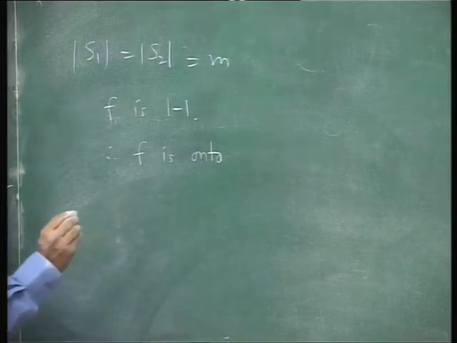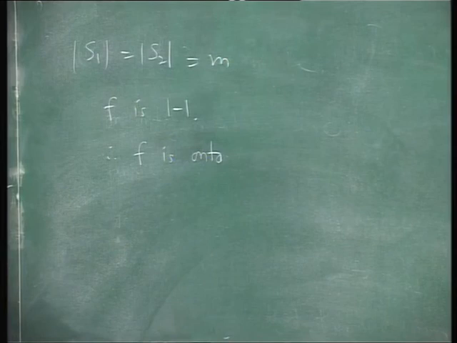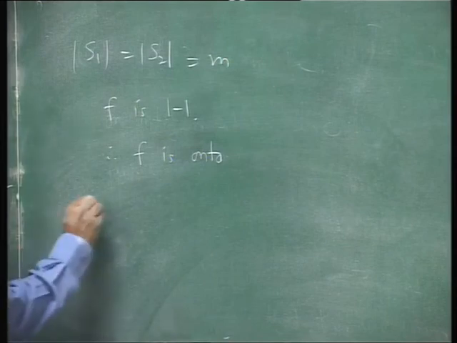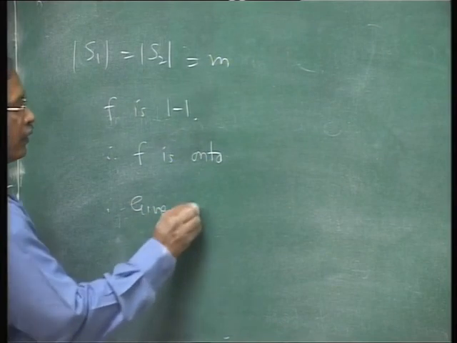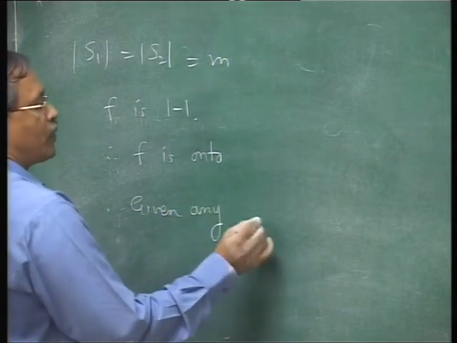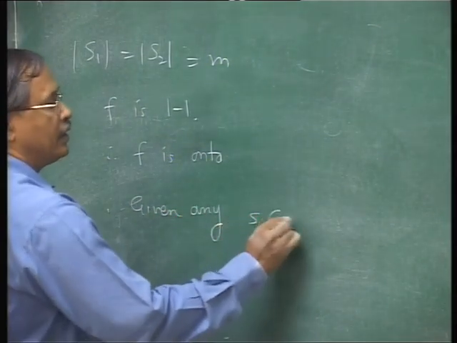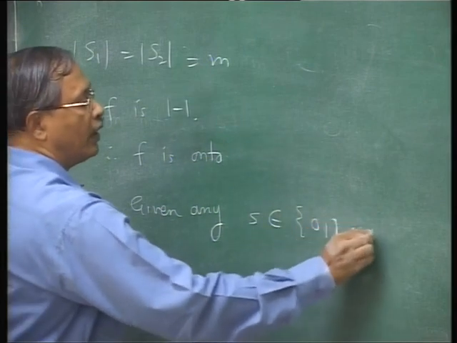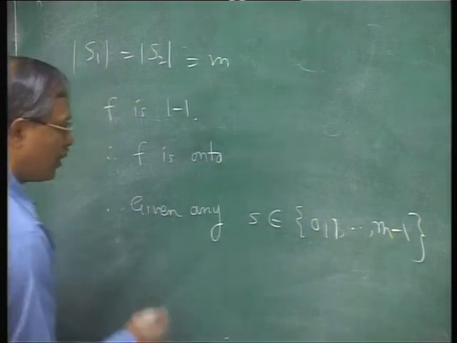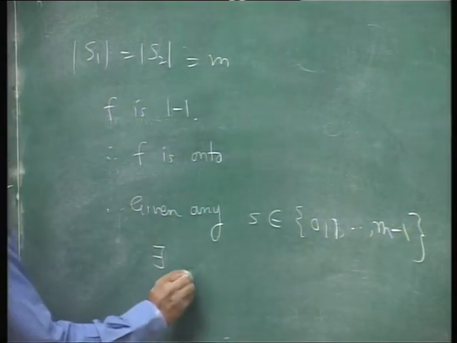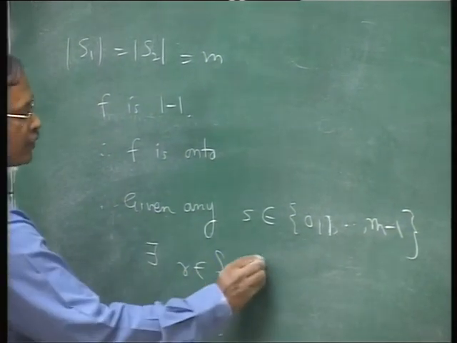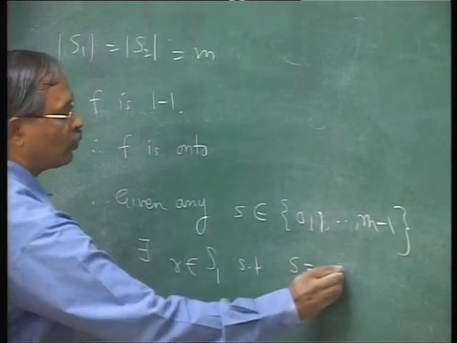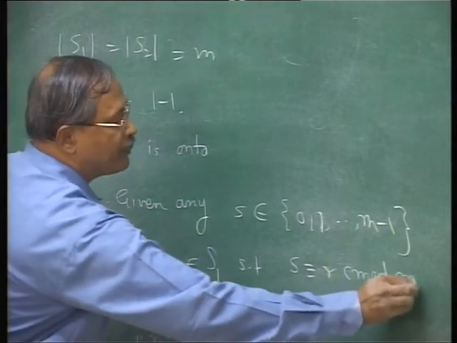And so given any element from 0 to m minus 1, let us say S in this set 0, 1, etc. m minus 1, there exists R in S1 such that S is congruent to R mod m.